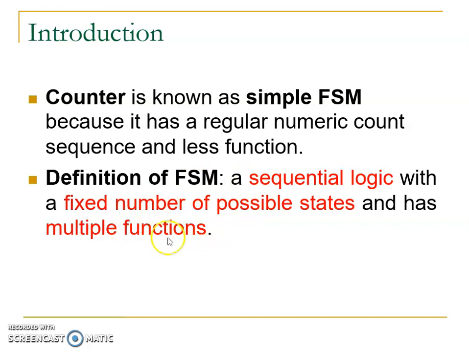So this is the main difference between FSM and simple FSM. Counter is a simple FSM because of less function, and they have a regular numeric count sequence. But FSM is a sequential logic with a fixed number of possible states and has multiple functions.